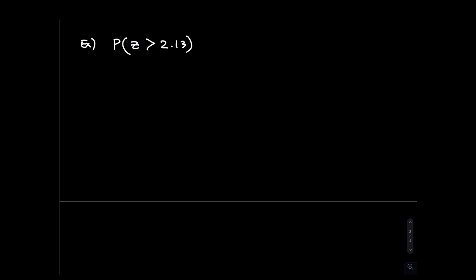So it's always a good idea, when you see a question, before you jump to figuring out what command to use, to actually draw it and see the picture, to see what they're asking you to find. So let's draw the distribution here. Let me draw my z-axis, draw my p-axis.